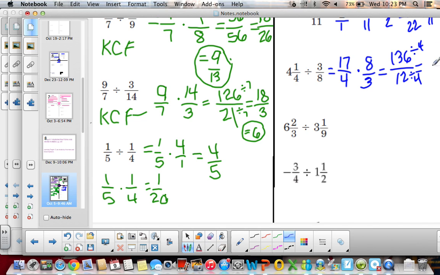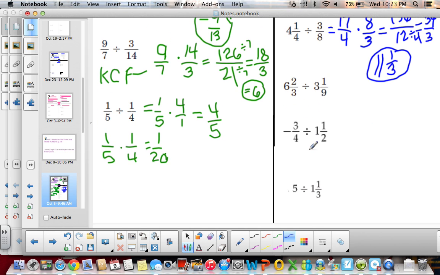So 136 divided by 4 is 34 thirds. I know that 3 goes into 34 11 times, because 11 times 3 is 33, which means we would have 1/3, or 1 from our numerator, left over, and then we keep the denominator. And we check it because 3 times 11 is 33, plus 1 is 34, 34 thirds.